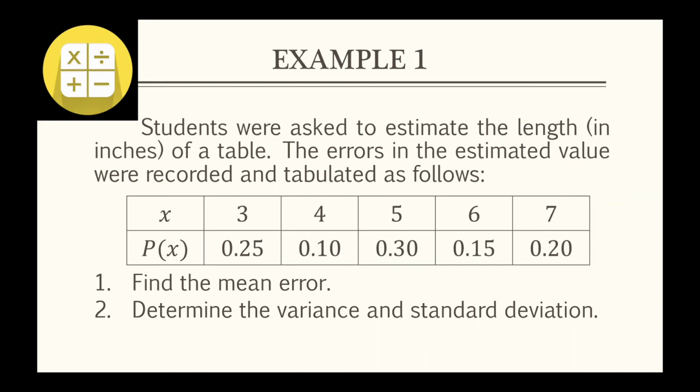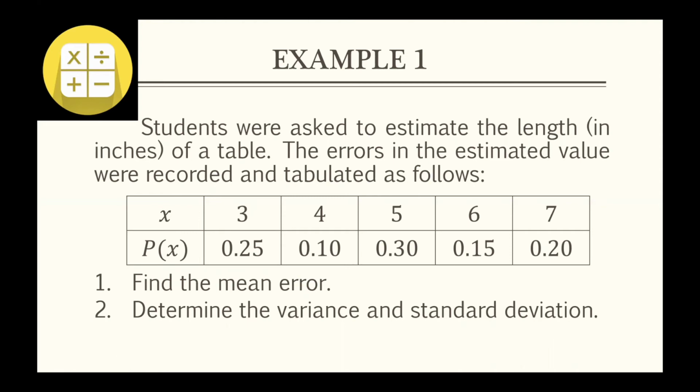In the table, we have x as the errors in estimating the length of a table: 3, 4, 5, 6, 7, with its corresponding probabilities, which are 0.25, 0.10, 0.30, 0.15, and 0.20. In example number 1, we're going to find the mean error and determine the variance and standard deviation.